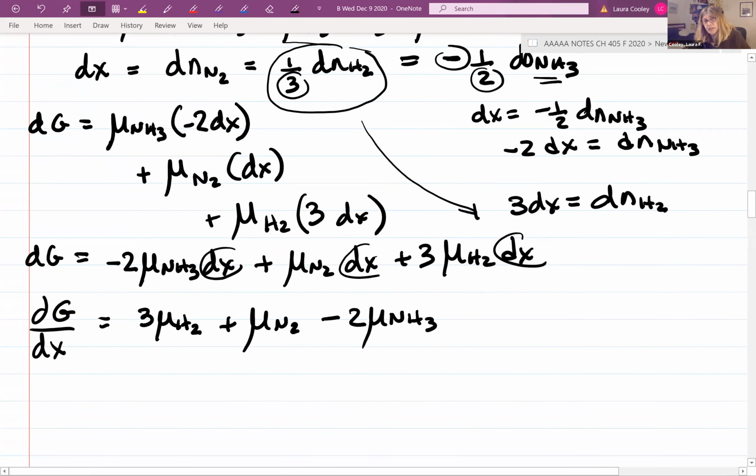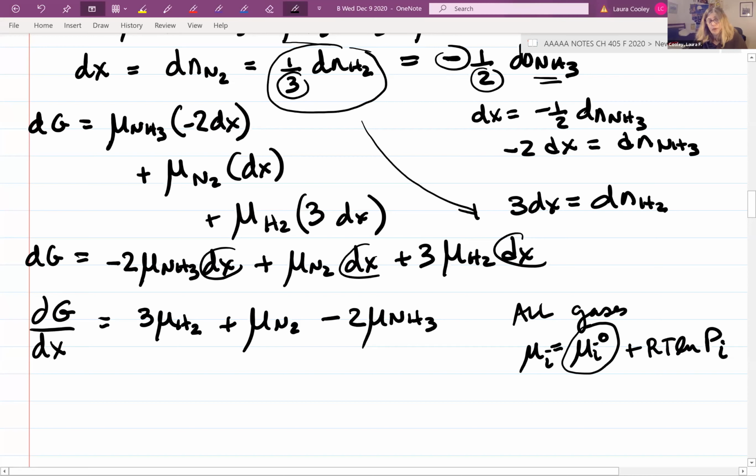Okay, and now is where we have to make a distinction between gases and solids and liquids, but everything here is a gas. So the mu is mu i zero, the standard state of the ith gas component in a mixture, which is the pure gas, plus RT times the log of the partial pressure.